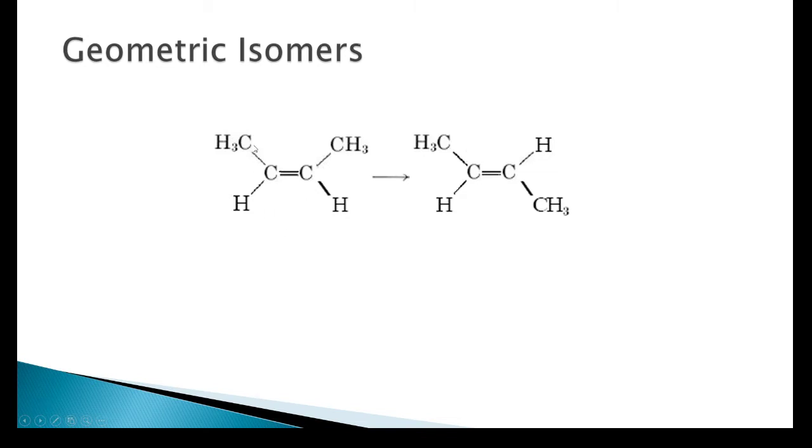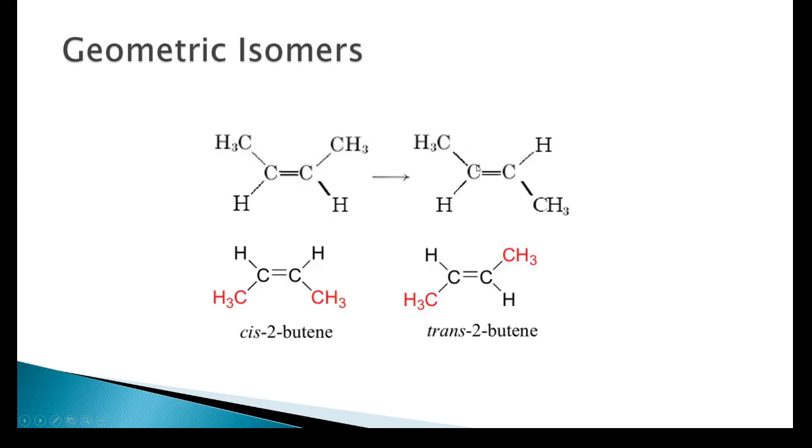If we're going to go to our naming, it's 4 carbons in a row, so it's but-. The second carbon has a double bond, so this is 2-butene. But the orientation of these groups, these CH3s here and here, is different. We have a CH3 up here and a CH3 up here, and a CH3 here and a CH3 there.